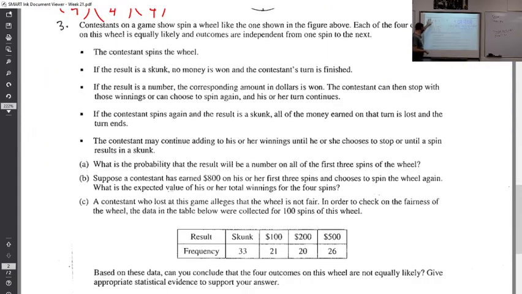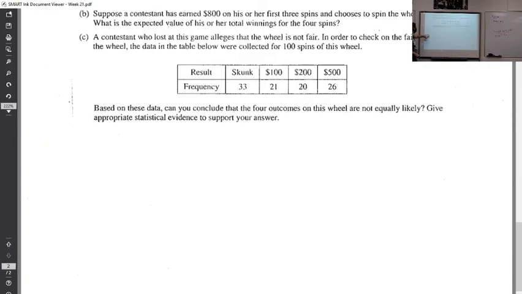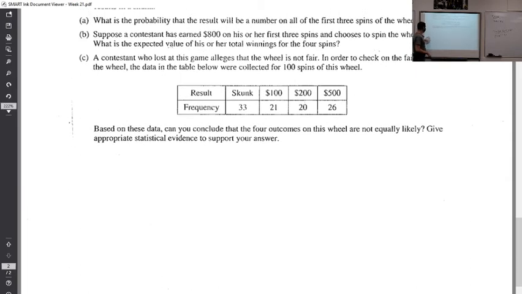Part C, this is where the chi-square test comes in. A contestant who lost at the game alleges shenanigans, that this wheel isn't fair. And so since we are alleging shenanigans, we are making a conclusion whether the 4 outcomes are not equally likely.